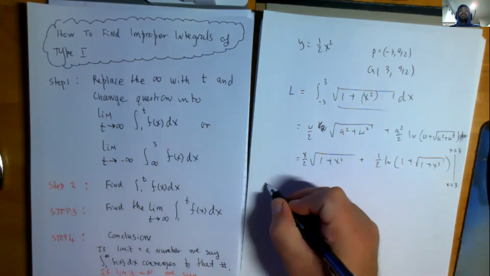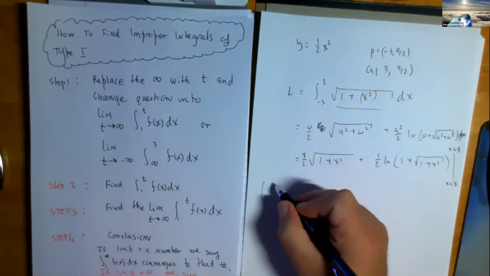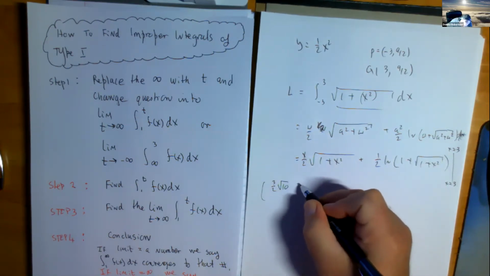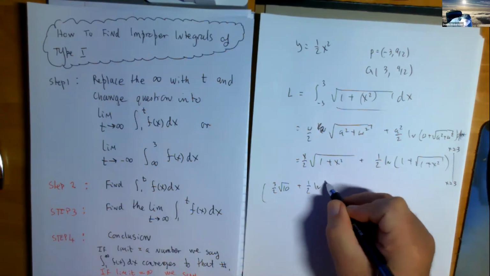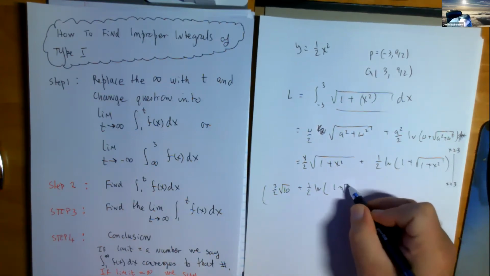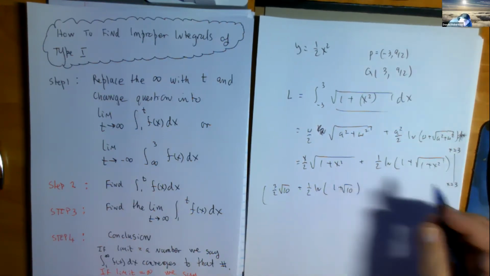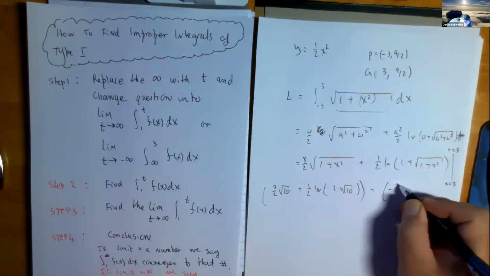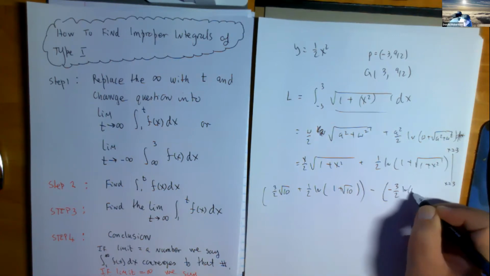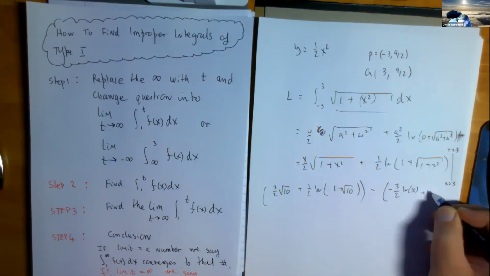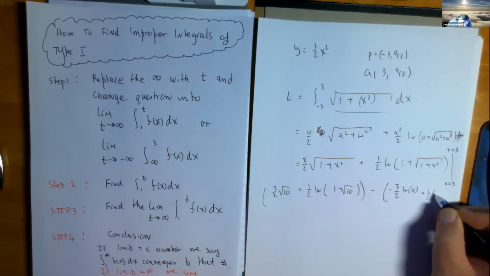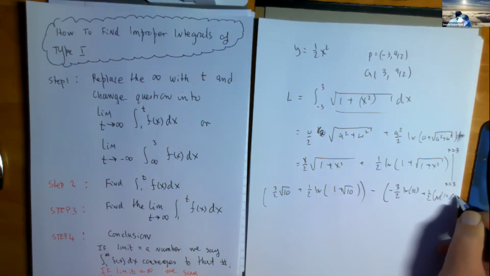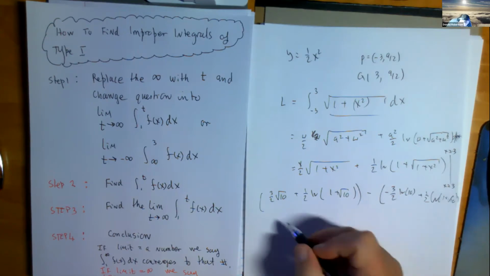Okay, so let's put in some numbers. You put in 3, you get 3 over 2 root 10 plus 1/2 the natural log of 3 plus root 10. Take away negative 3 over 2 root 10 plus 1/2 the natural log of negative 3 plus root 10. So what's that get me?